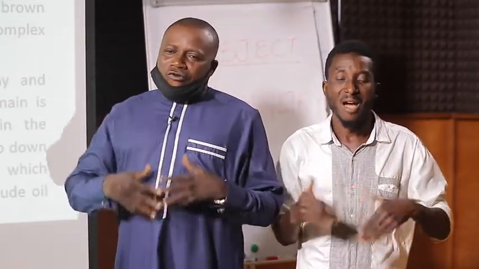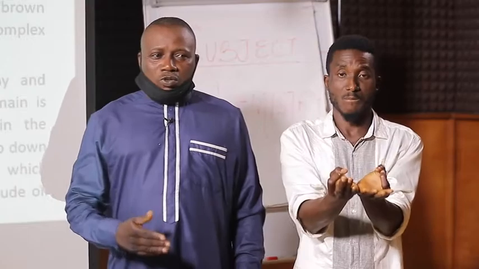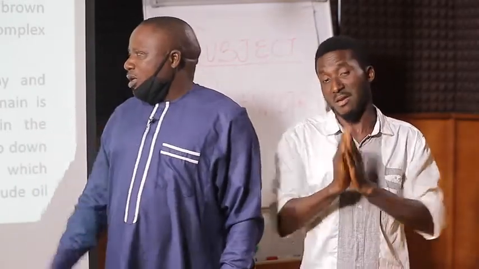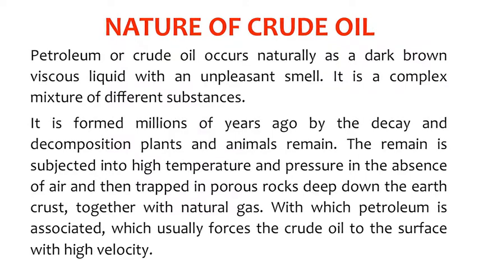How is this petroleum formed? I know this is one question that you may want to ask. This petroleum is formed over millions of years by the decay and decomposition of plant and animal remains that are buried deep beneath the earth crust under high temperature and pressure in the absence of air.